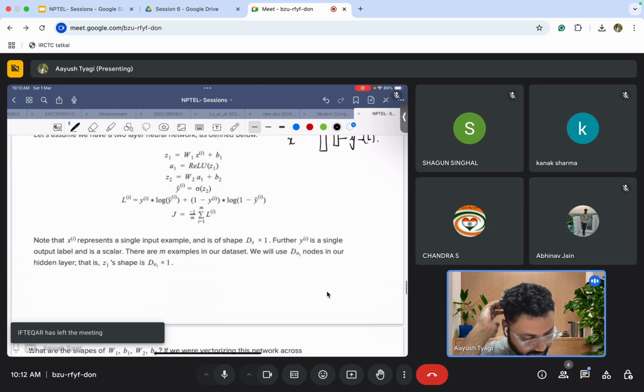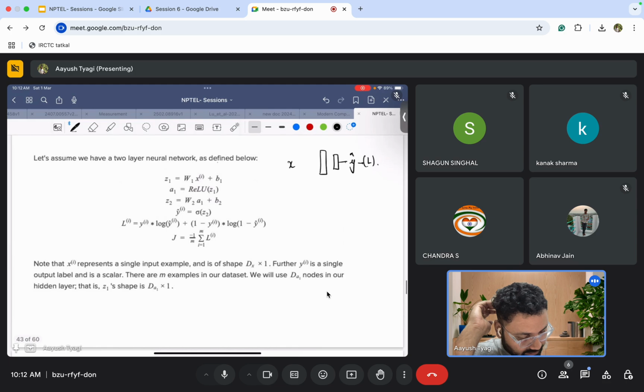Let us assume that x is of shape dx comma 1. Suppose you have an image; generally when you feed it to a neural network, you flatten it.